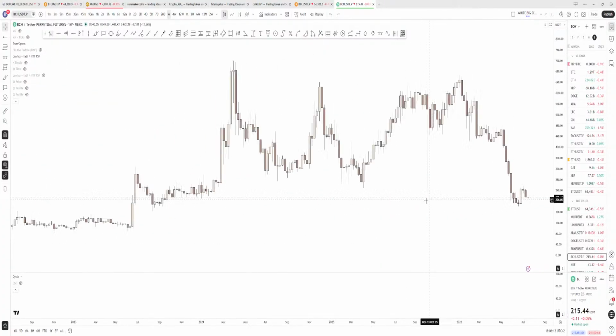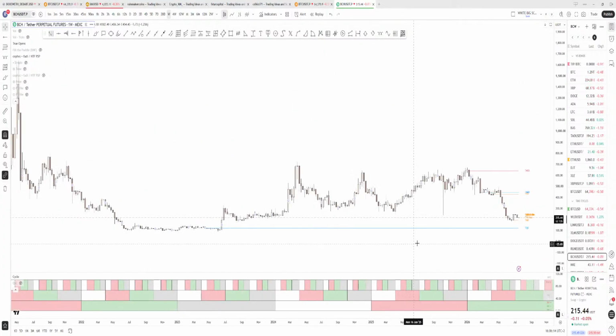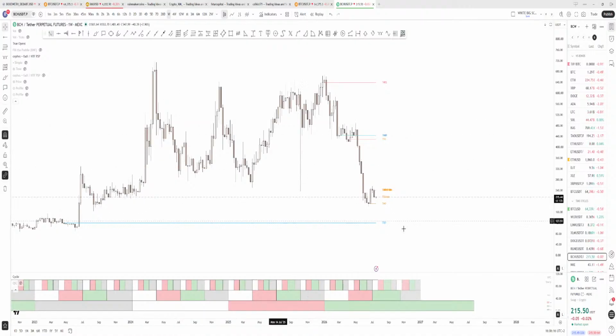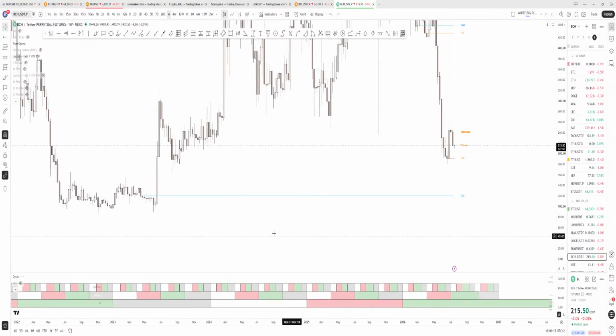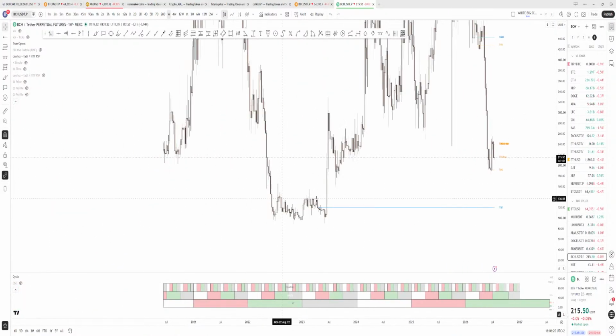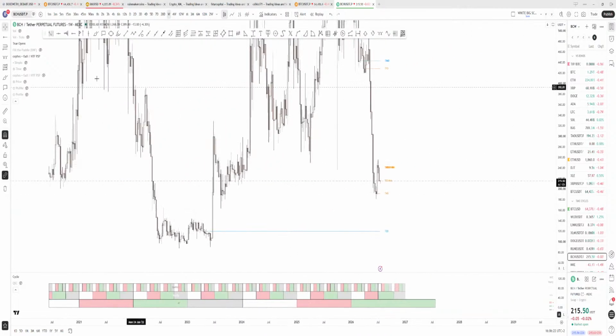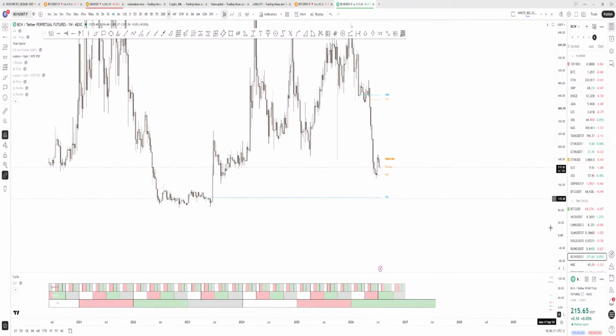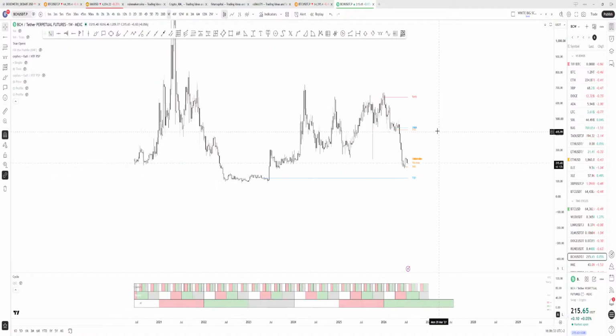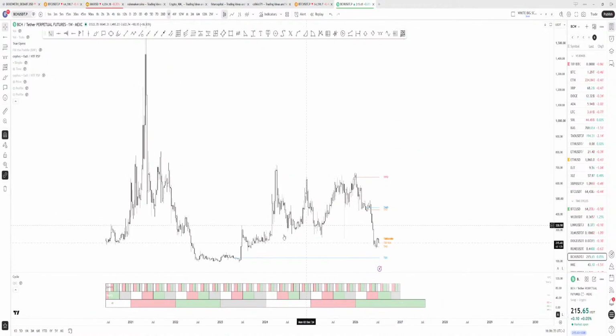Bitcoin Cash. Let's go for this one. Let's check the profiling. I want to see where is the vol and for the POC.